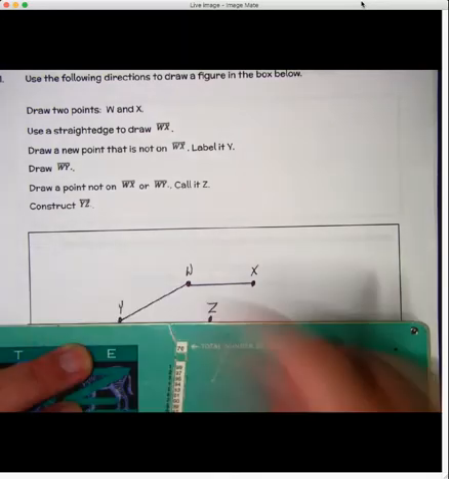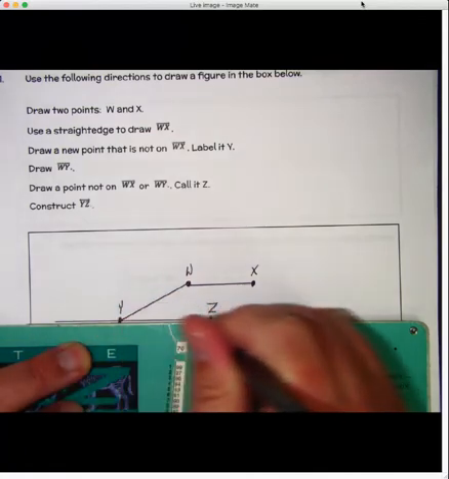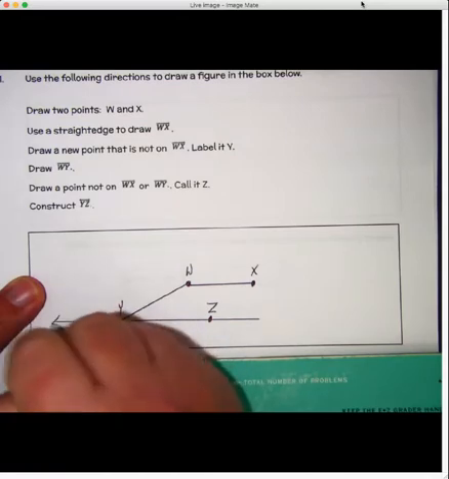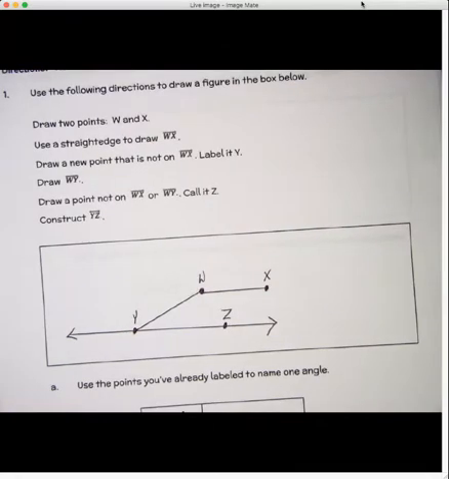So we're going to do that. So that means we don't stop at the points. We go on through them, and we put an arrow at either end. Okay, and that's line YZ. That made a pretty cool picture, didn't it?